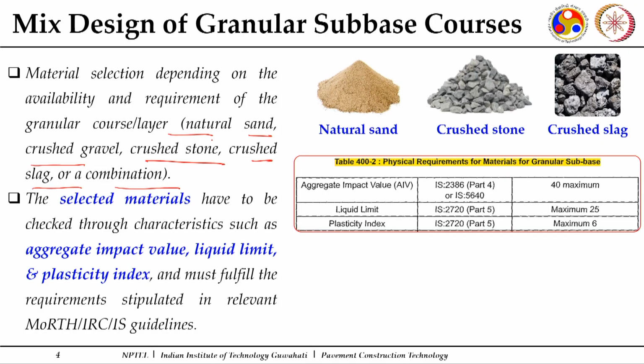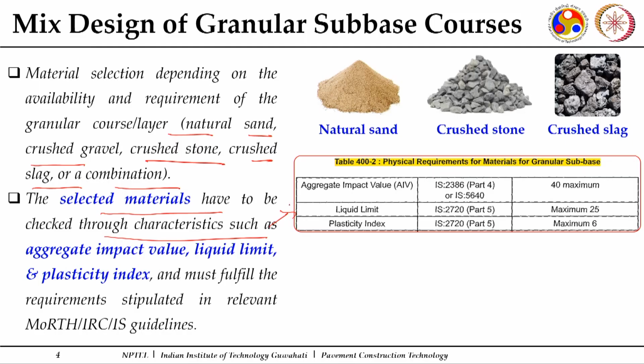As mentioned, a combination of materials can be arrived at in that case. If you are using some stabilized soil, which we will discuss later, and the soil is clay, then you can look for stabilization through lime, so that the requirements of the materials are met.